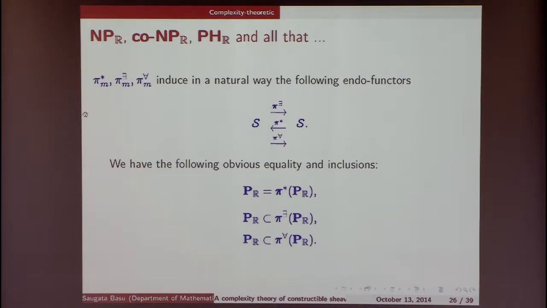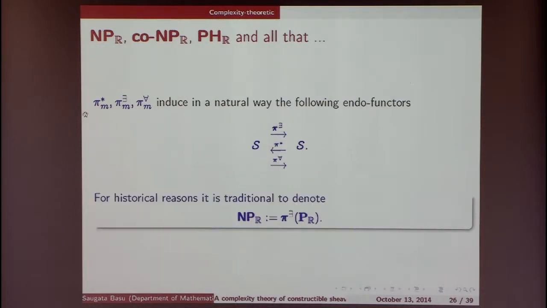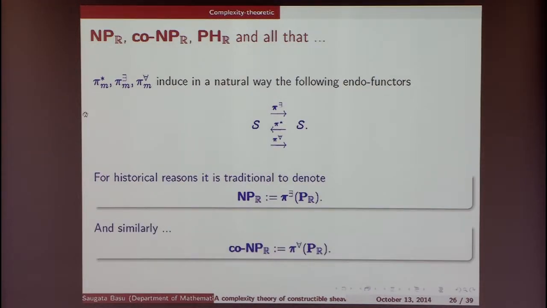But if you apply these two, then you certainly get something that's in PR, but we do not know whether these inclusions are strict or not. In fact, for historical reasons, it's traditional to denote this image here as NPR and the other one as co-NPR.